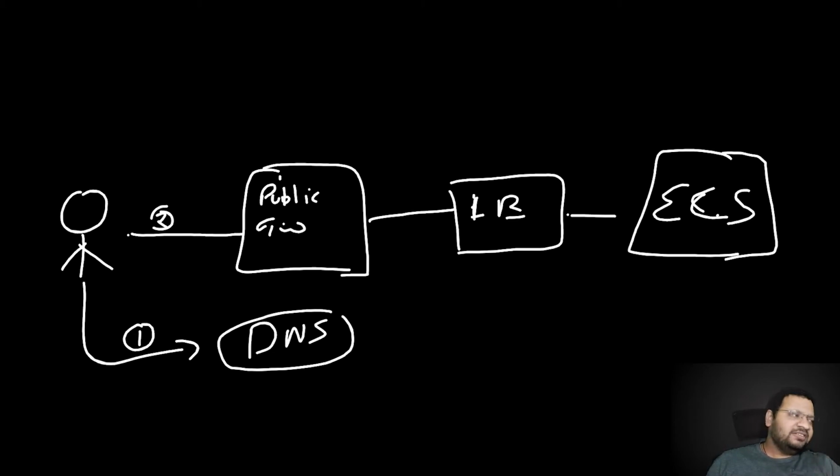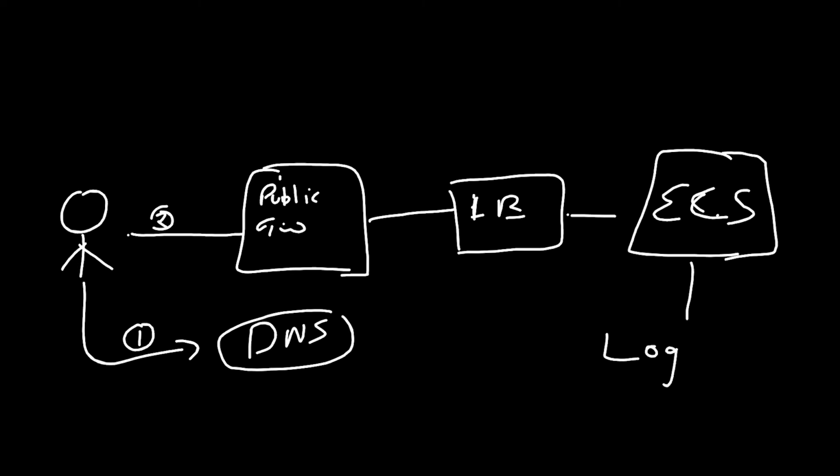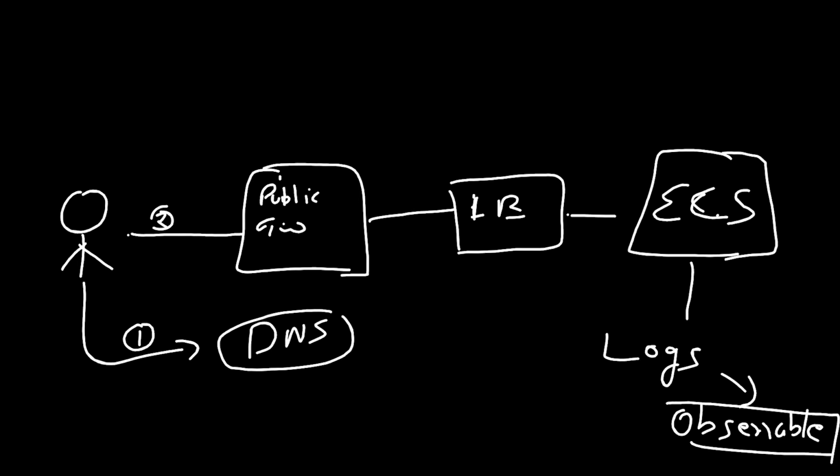Observability is one of the major factors that we need to factor in. It will need to produce logs, and these logs will go into an observability platform, whatever we have. It could be Elastic, it could be Splunk, it could be anything.